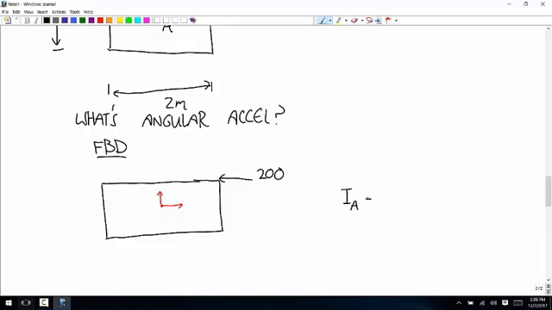The mass moment of inertia is 1/12 times 5 times (2 squared plus 1 squared). So that's 25/12. So 2 and 1/12. .083.